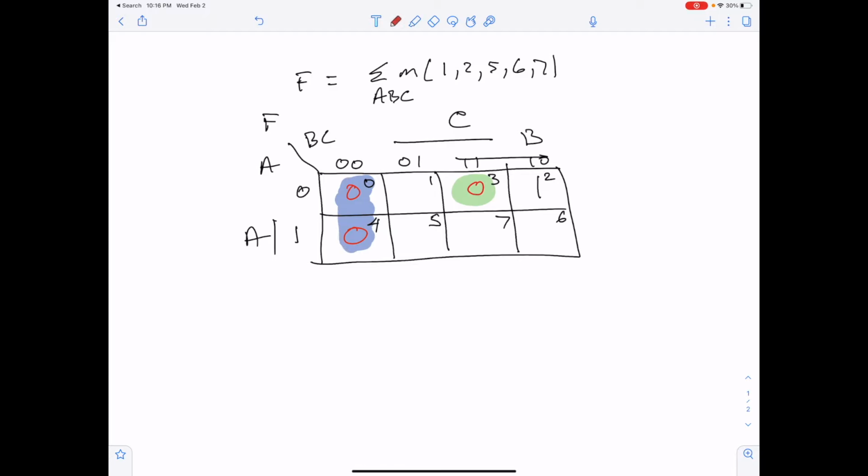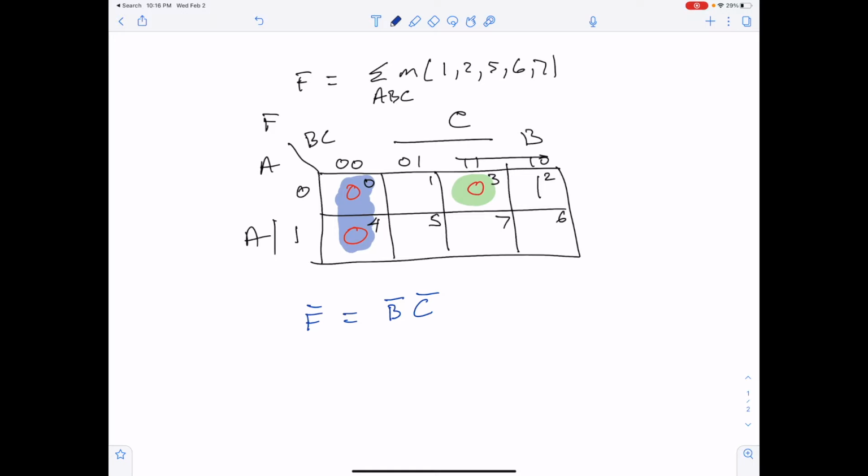Okay, so since we have the zeros here, we're not really writing an expression for F. We're writing an expression for F bar. Okay, so F bar, reading the map, the blue term spans A, it's outside of B, it's outside of C. So it'd be B bar, C bar.